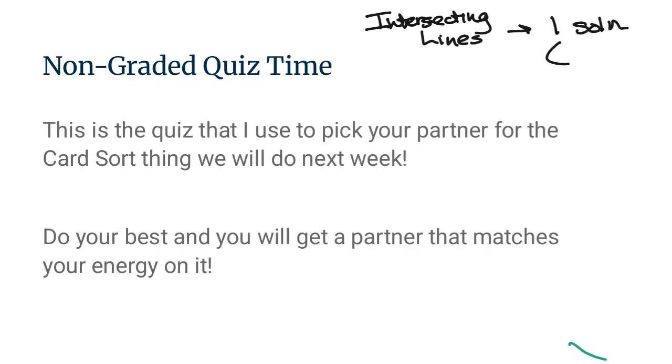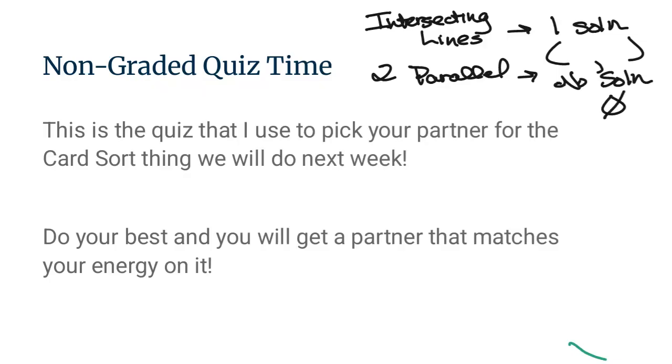And it is going to be a point, an x-coordinate and a y-coordinate, correct? If you have two parallel lines, how many solutions do you have? 0, but don't put 0. You should say no solution, or you can put the null set.